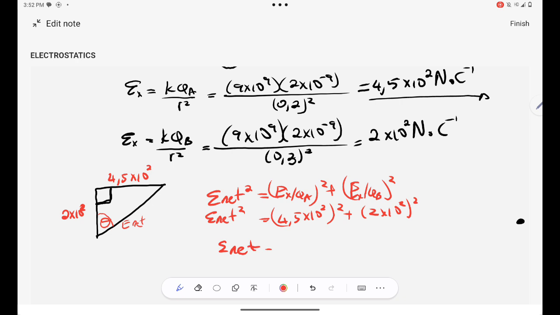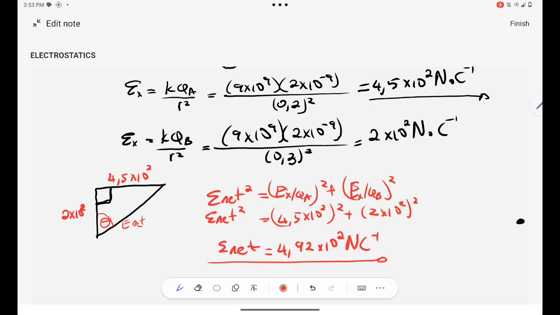It will be the square root of (4.5 times 10 to the power 2) squared plus (2 times 10 to the power 2) squared. So this will basically give me 4.92 times 10 to the power 2 newtons per coulomb.